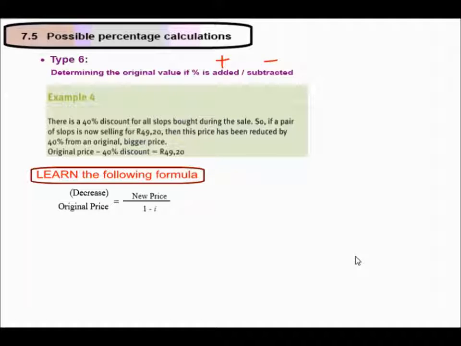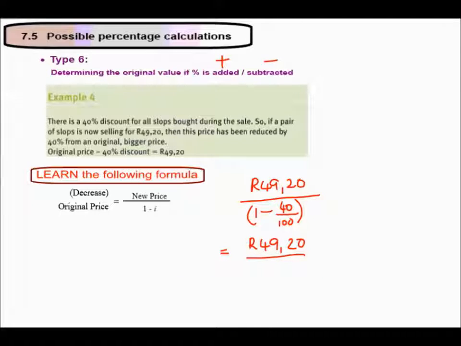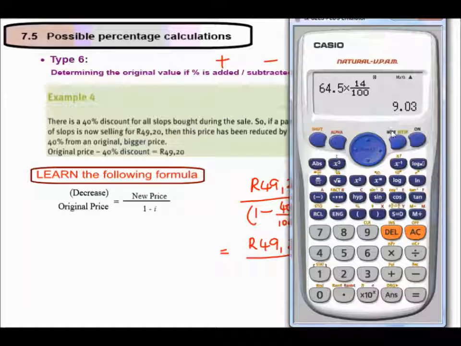So your new price is going to be, they told you, 49 Rand 20, over 1 minus, the percentage was a 40% discount, which is 40 over 100, which will equal 49 Rand and 20 cents over 1 minus 40%, which is 40 over 100, equals 3/5 in simplified form.